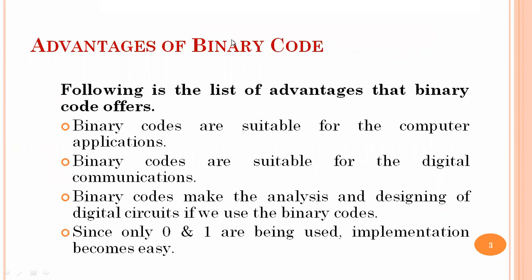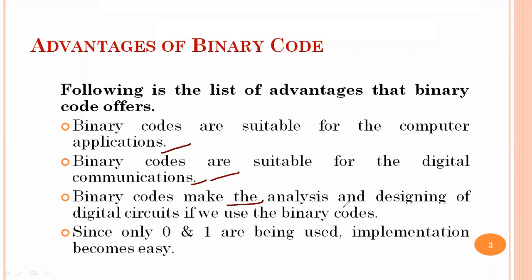So the advantages of binary codes are that they are used in many types of cases. They are suitable for computer applications because, as we know, the computer stores data in 0 1 form. They are also used for digital communication because any kind of data transferred from source to destination is stored as well as transmitted in the same 0 1 form.